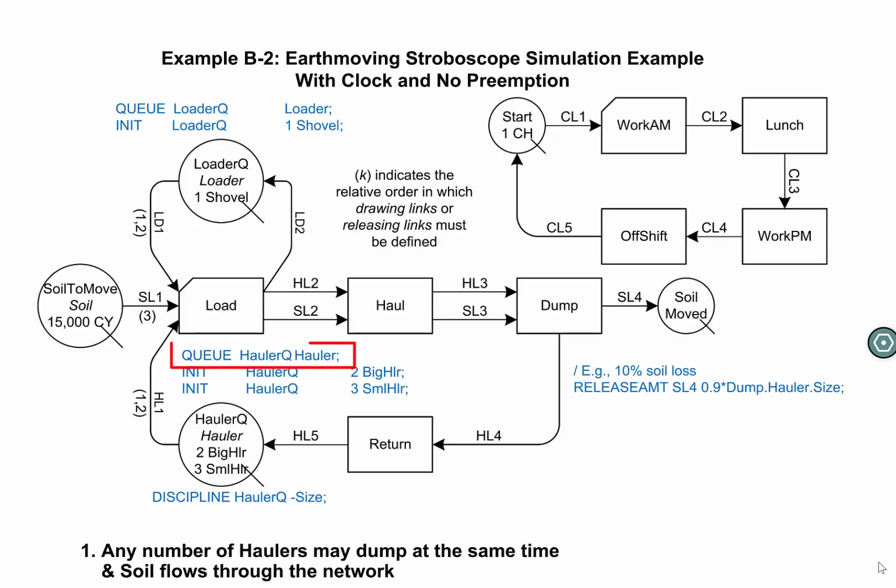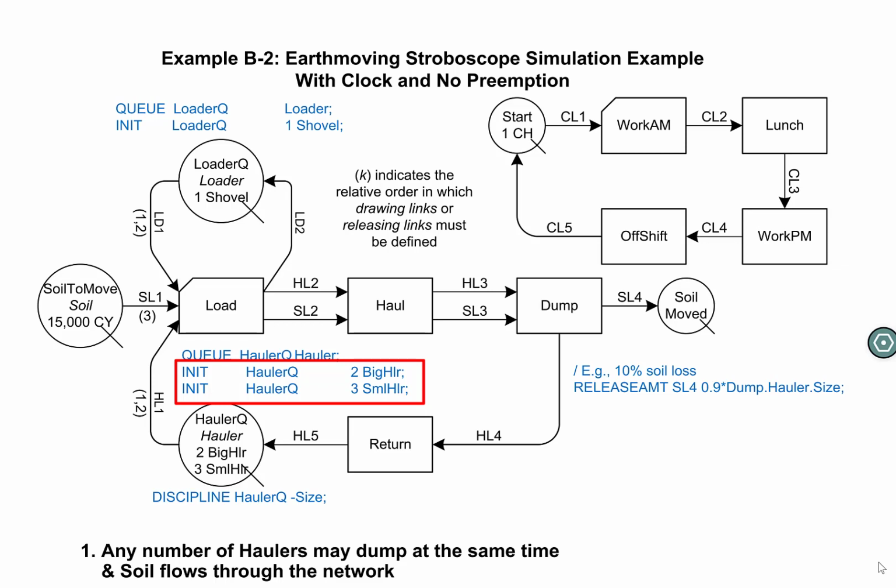The Q hauler queue holds resources of characterized type hauler. Before simulation starts, the Q hauler queue is initialized with two big haulers and three small haulers. This is accomplished with the statements shown here.